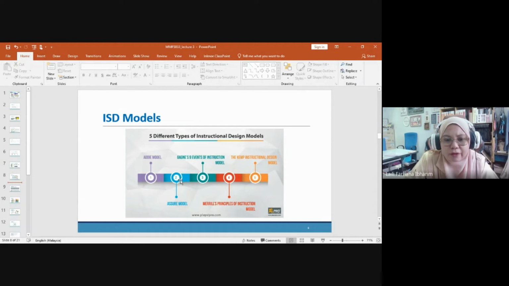And then we have the Nine Events of Instruction model. Then we have Merrill's Principles of Instruction model, and number five is the ICAM instructional design model. So after this, I will explain to you one by one about these different types of ISD. Okay, all right.